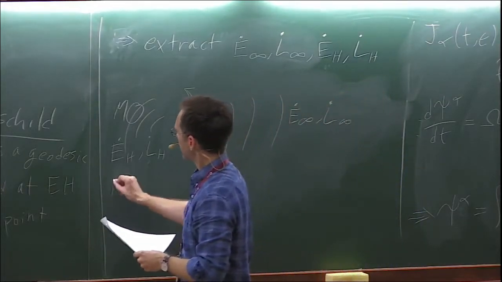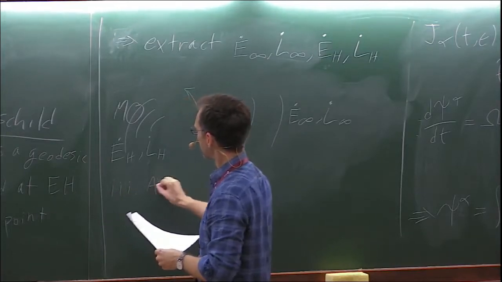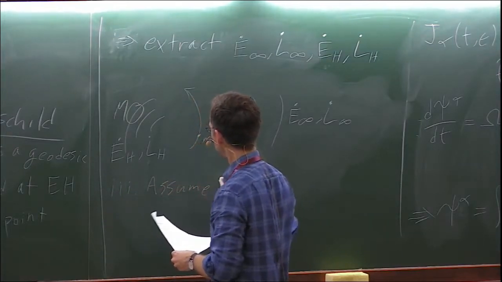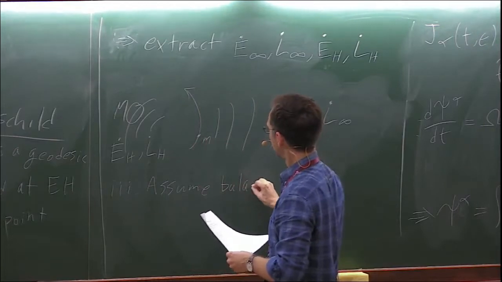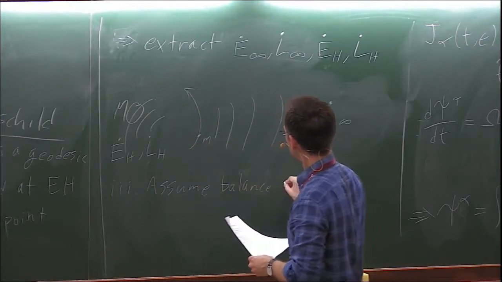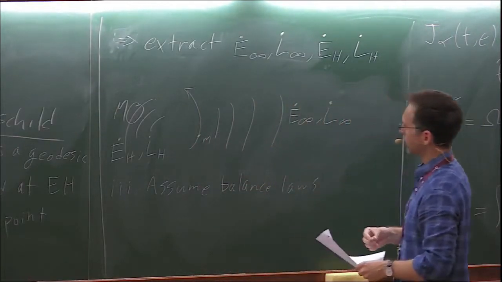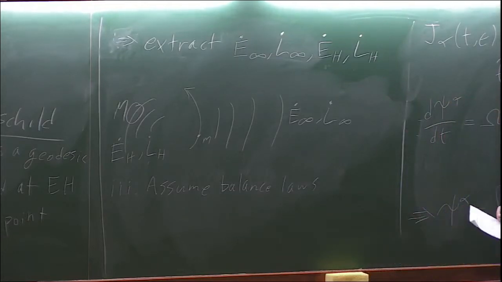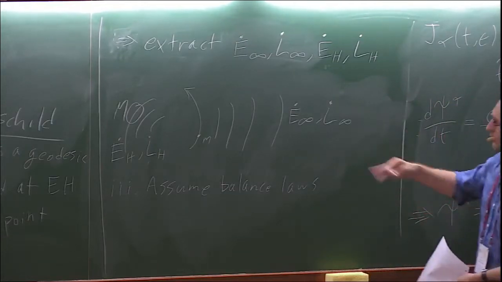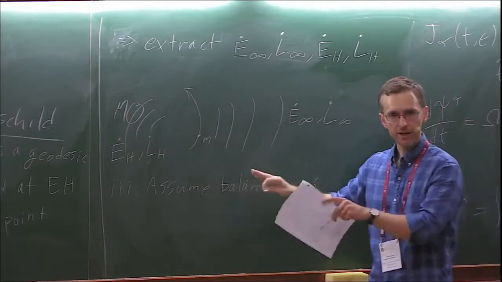So the next step is to assume balance laws. So using the actual explicit formula for the self force, you don't need to assume balance laws, you can prove them, but for now let's just assume them.